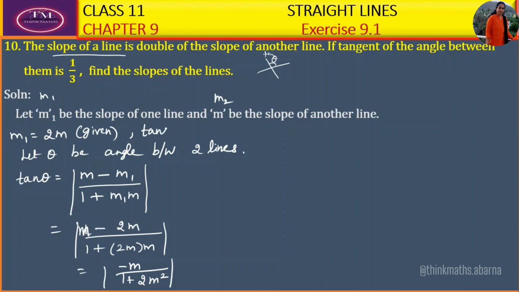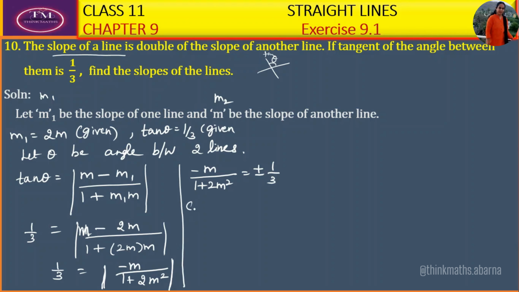So tan theta is 1 by 3. So we can substitute tan theta as 1 by 3. Now we have modulus is 1 by 3, so this value can be positive or negative. So minus m divided by 1 plus 2m square can be plus or minus 1 by 3. As it is modulus, the value inside can be positive or negative.